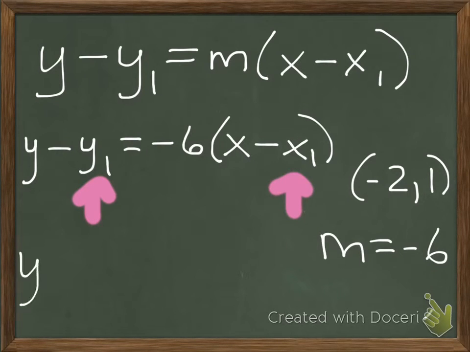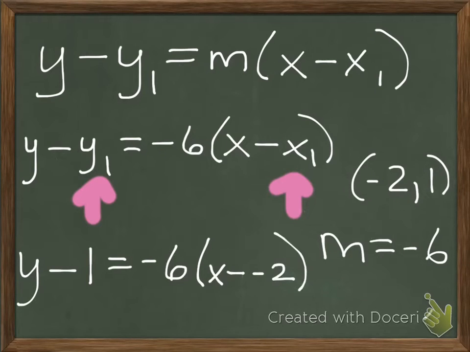So I have y minus 1, then I have negative 6 already in for m, and x minus negative 2, which actually is going to end up being plus 2. So my final answer in point-slope form is going to look like this.